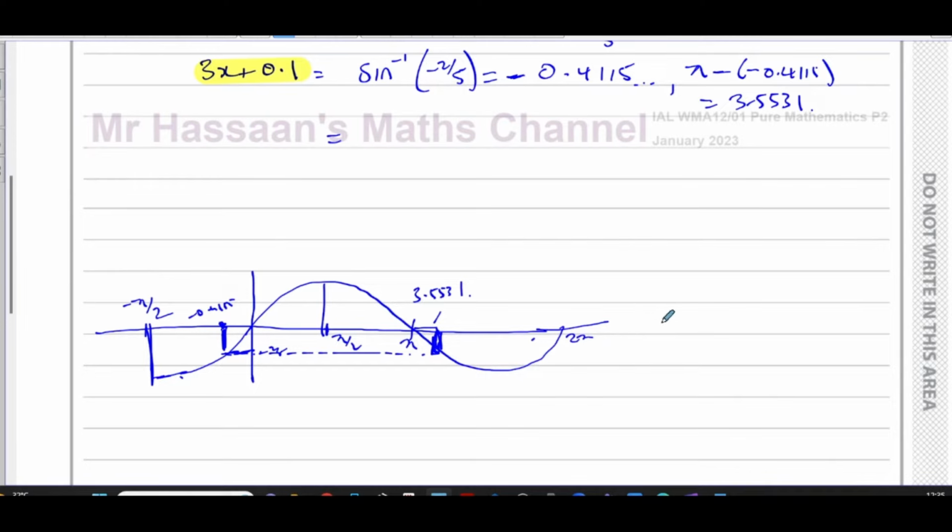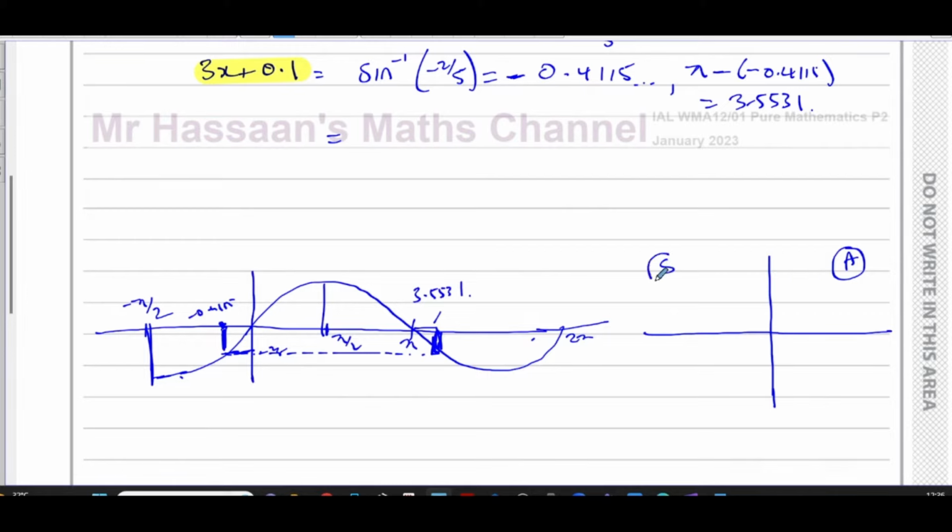But I'm going to first stop for a second and tell you how to deal with it according to the quadrants. The first quadrant is where all the angles have positive ratios. Sine, cosine, and tangent of any angle between 0 and 90 will always give you a positive ratio.